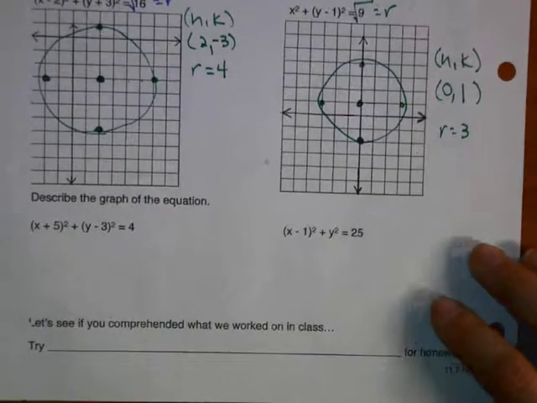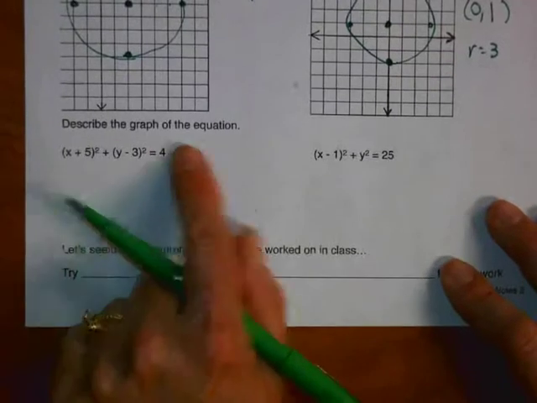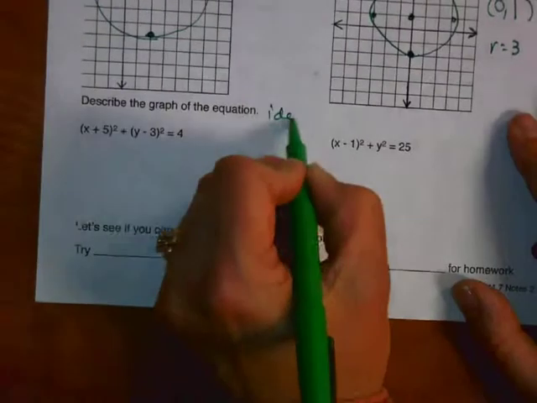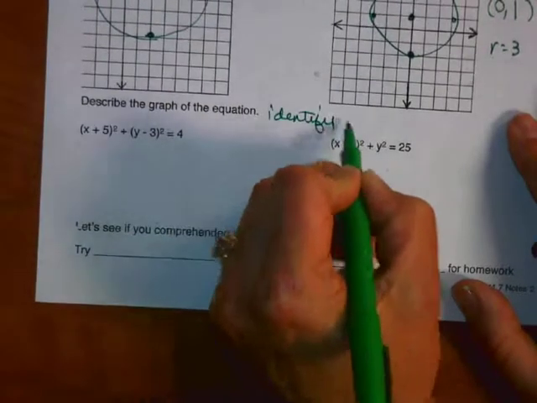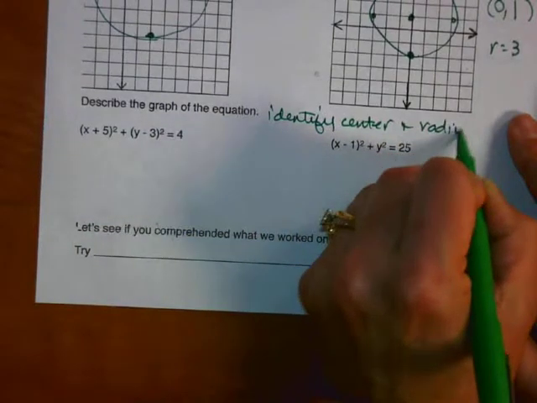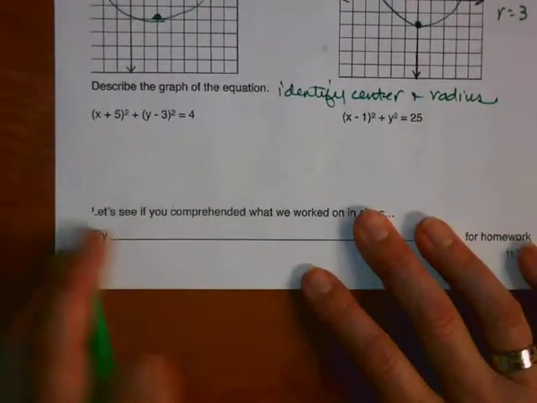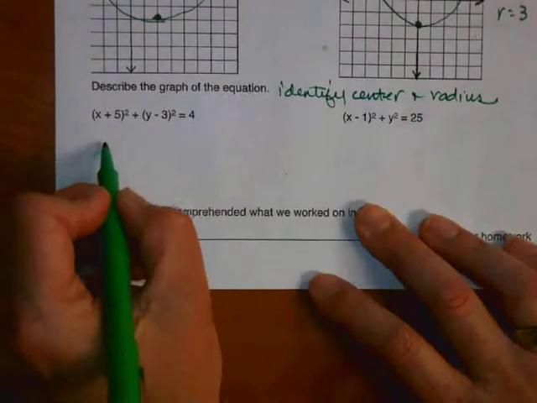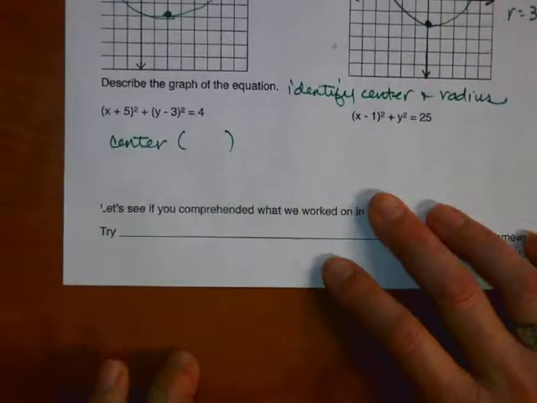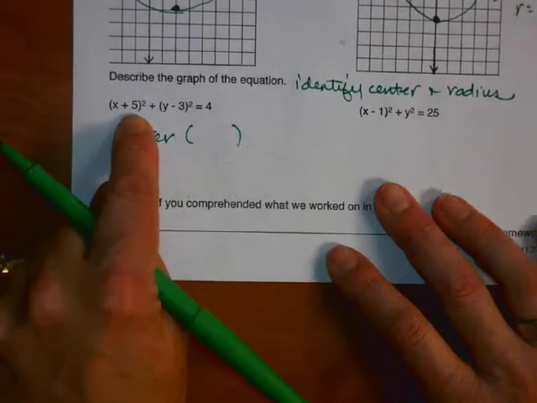So then we just have one more thing, and this is really the same idea that you've been doing. It says describe the graph of this equation. So all I really want you to do here is identify the center and the radius. So remember, the center is H, K. H is with the X, K is with the Y. So what is H?